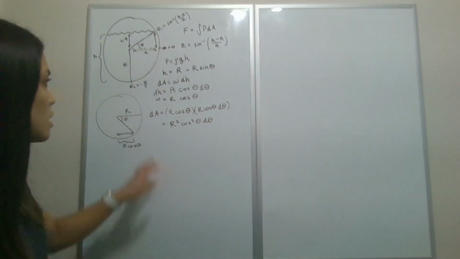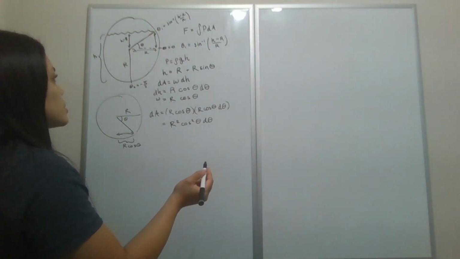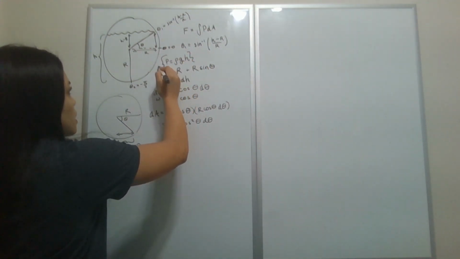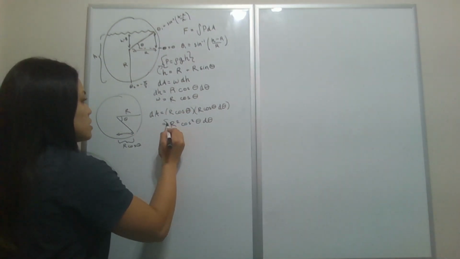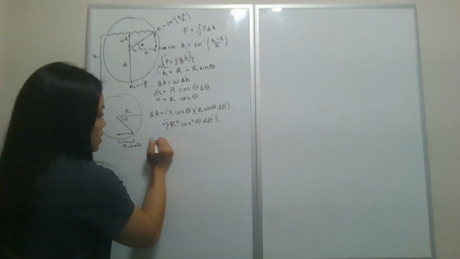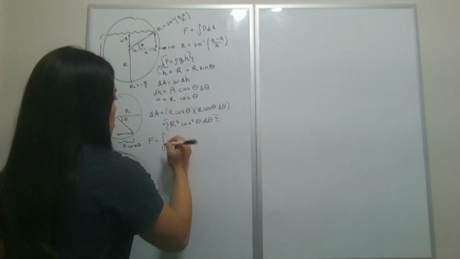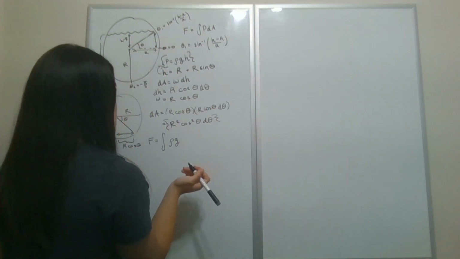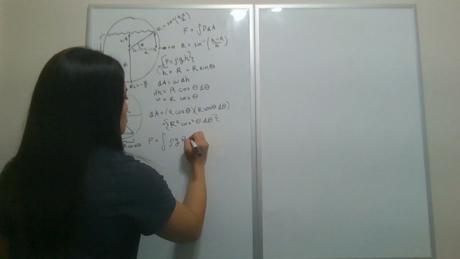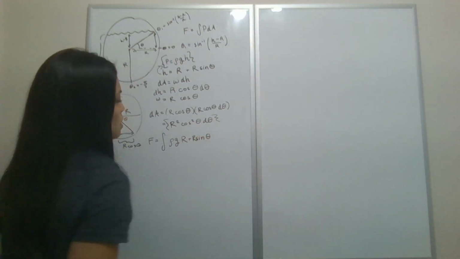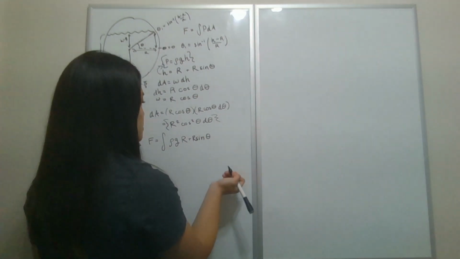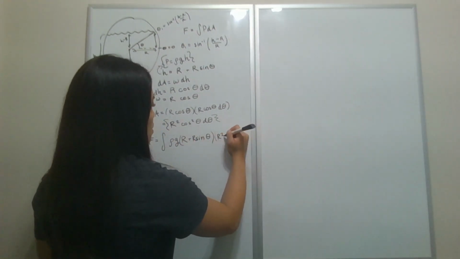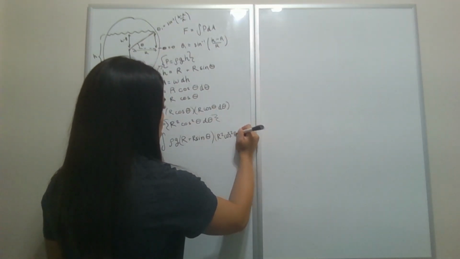So plugging both the pressure force equation that we have here, with our height value up there, and the differential area equation we have here into our total force equation, that's going to give us the integral of, we'll start with the pressure force, the density, rho, times the gravitational acceleration, times the radius plus the radius sine theta, times what we have for differential area, which will be the radius squared cosine squared of theta times d theta.